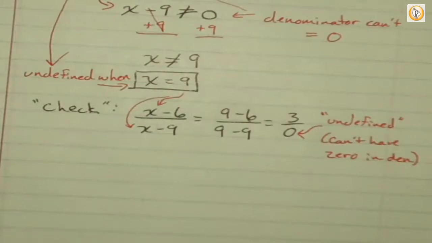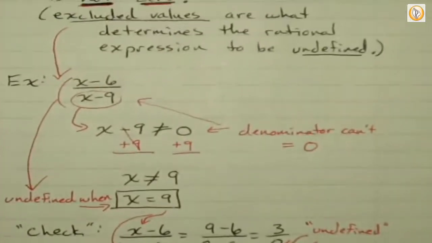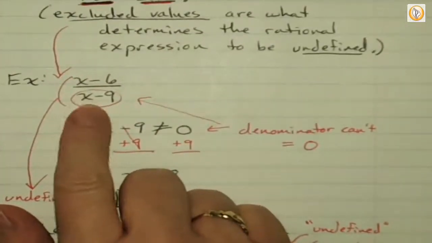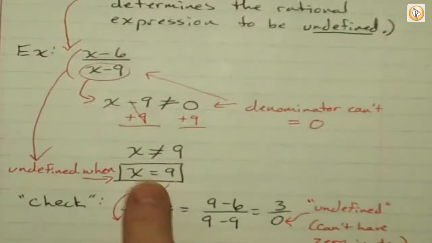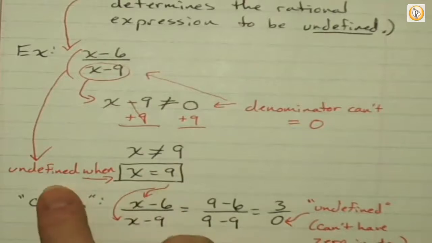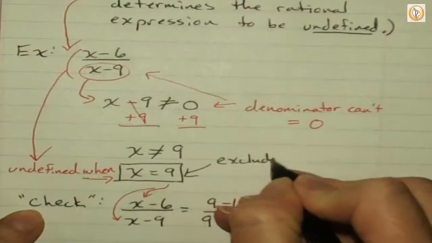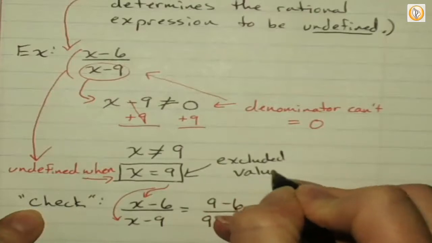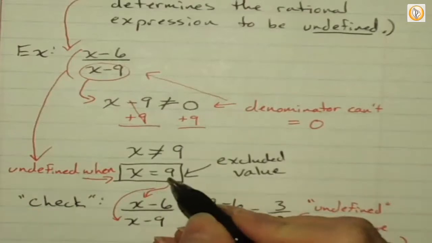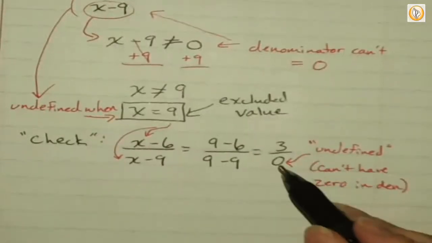So the excluded value means what value x can really not be to be able to solve the problem. So x can be any number, but it can't be 9. If x is 9, then it's undefined.